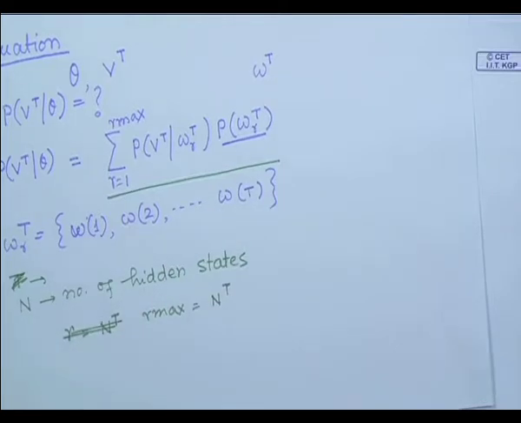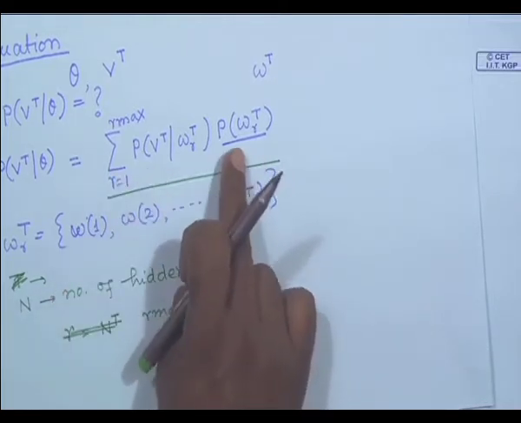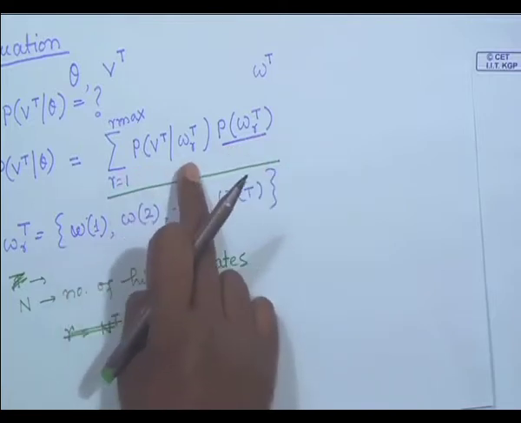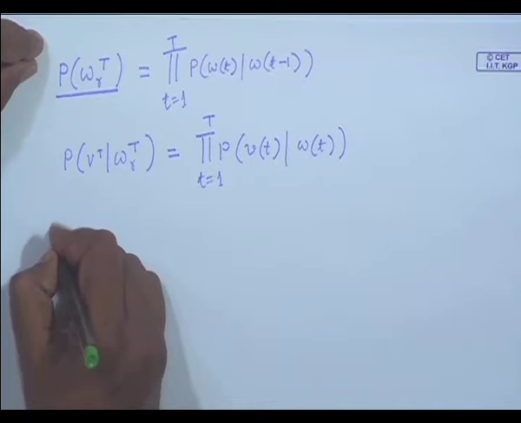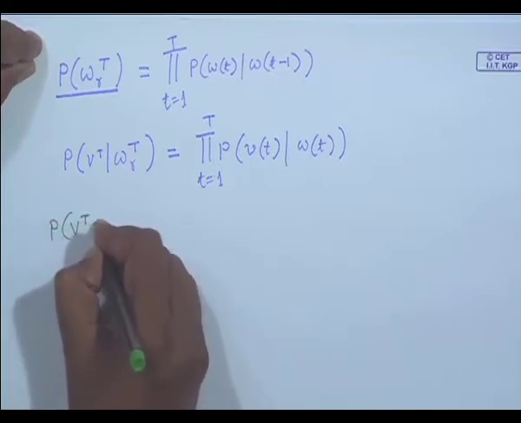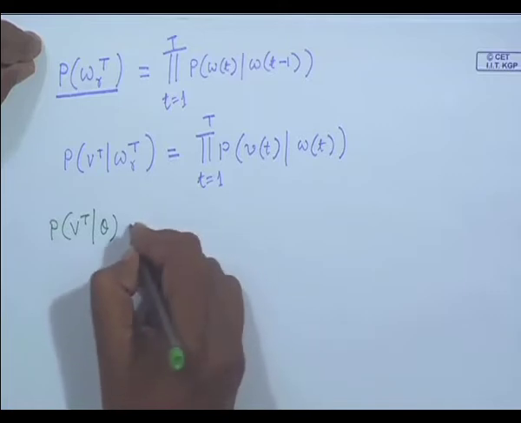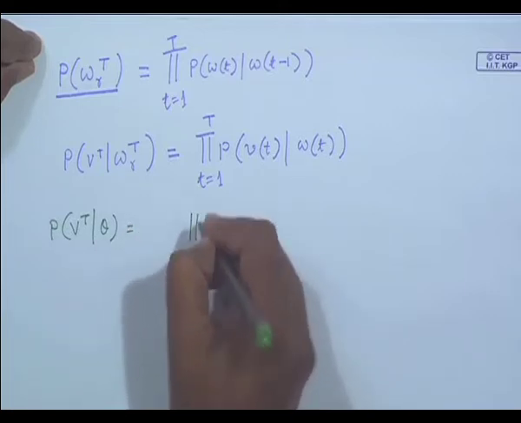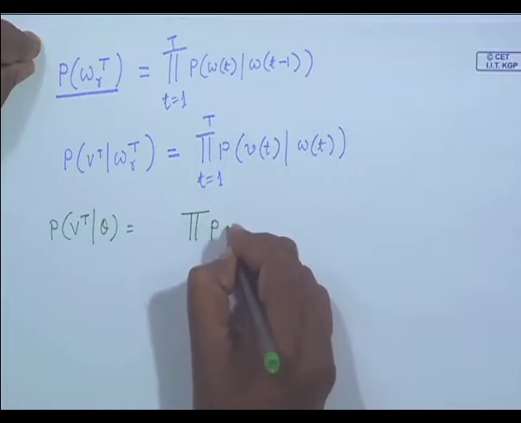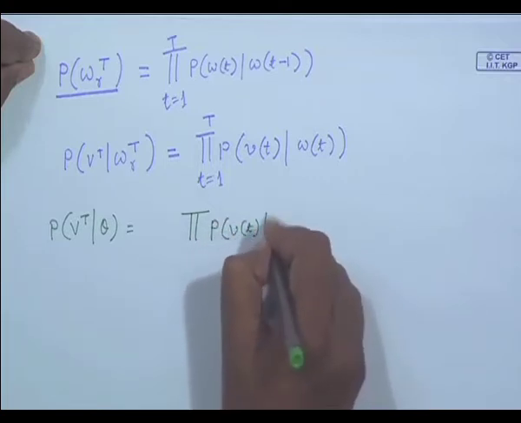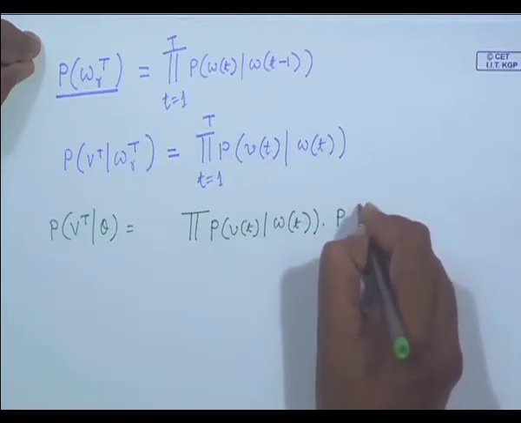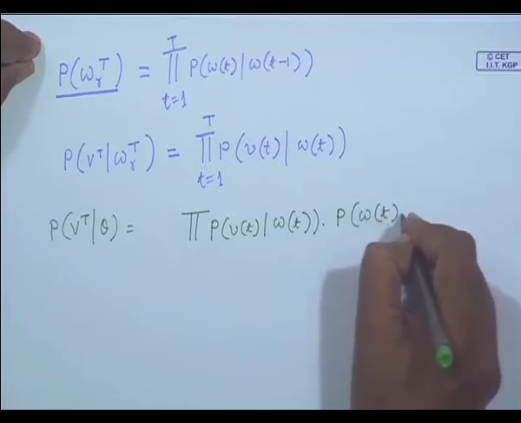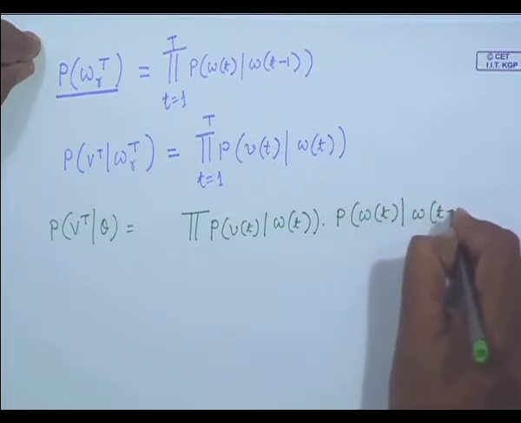Now, in this expression, if I put the expressions of P of omega r t and P of V t given omega r t, which we have just seen are product terms, I can write P of V t given theta as the product of P V t given omega t into P omega t given omega t minus 1.